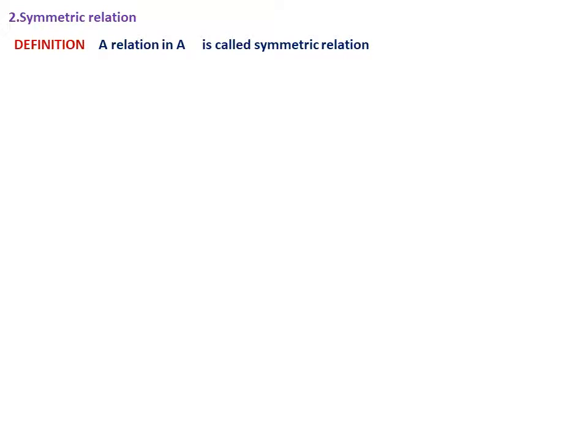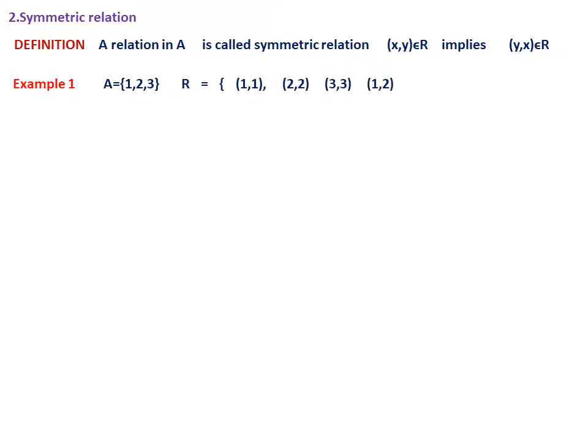Now let us take the next type, symmetric relation. Let me give the definition first. A relation in A is called a symmetric relation if (x, y) belongs to R implies (y, x) belongs to R. Let me clarify this one. Let us take for example A equal to {1, 2, 3} and R equal to {(1, 1), (2, 2), (3, 3), (1, 2), (2, 1)}.